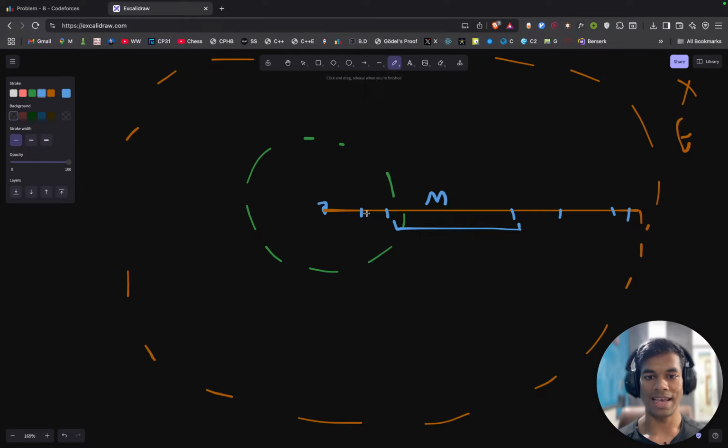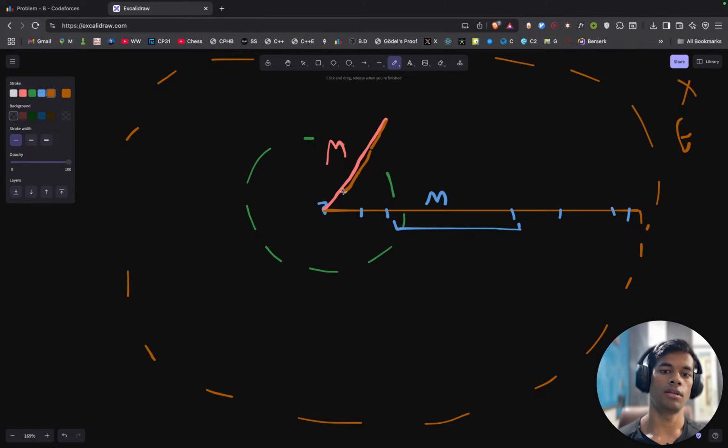So this inner circle would be something like this. Let's say I go M forward, and then I do these other smaller operations, going back in the direction that I came from.